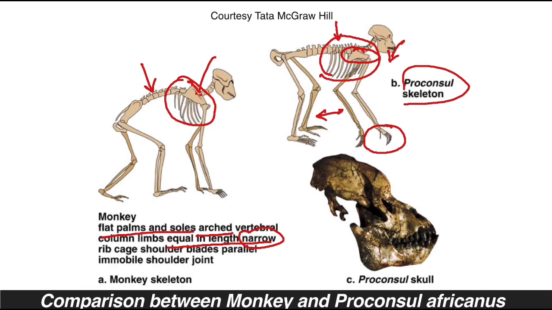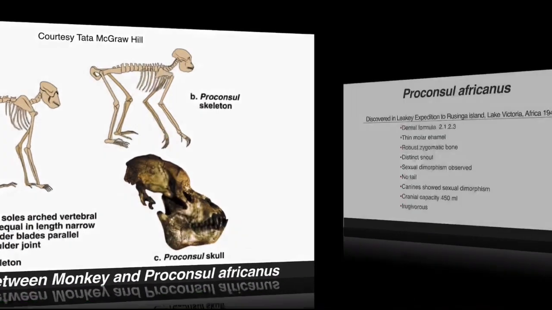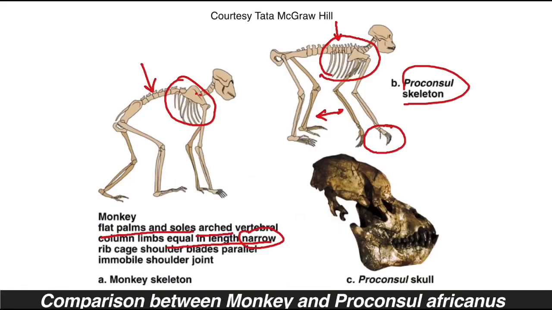I'll just remove what I have drawn so that you can see the shoulder joint more clearly. It is more of a ball and socket joint, whereas this other joint is immobile. So that definitely affects the way the forelimbs are moved. So this is the difference between proconsul and monkey.